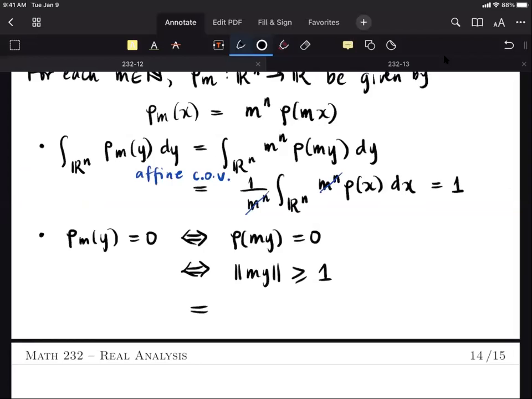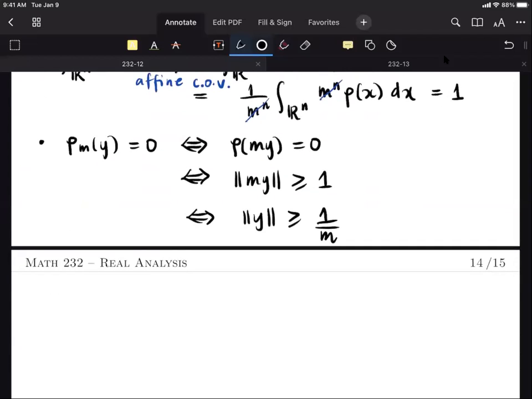That is, if the norm of y is greater or equal to 1 over m. So if you are outside the ball centered at 0 with radius 1 over m, then rho sub m of y is 0.